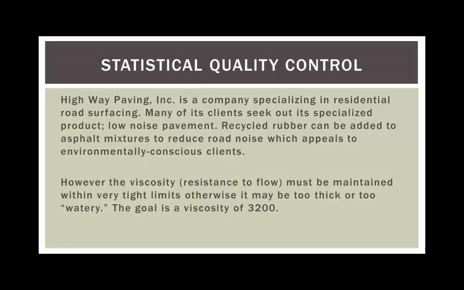So imagine trying to spread asphalt onto a road surface that is really, really thick and you can't really spread it out, or it's too thin and it sort of runs everywhere. So it has to be a certain viscosity. Now, for Highway Paving, the goal is a viscosity of 3,200. I'm not going to go into the units of viscosity because they're not really relevant and they're kind of weird, so we'll just stick with the number 3,200.